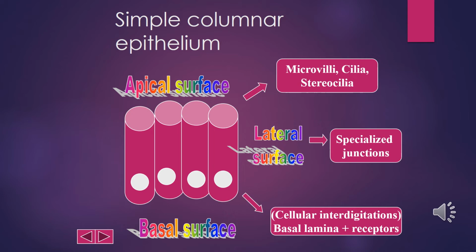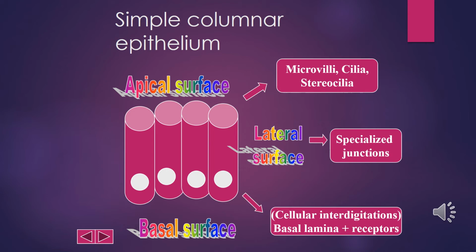On the apical part there may be granules with mucus; in this case it is glandular columnar epithelium in the stomach. If cilia are present on the apical part, it's ciliated epithelium, found in male and female reproductive ducts.